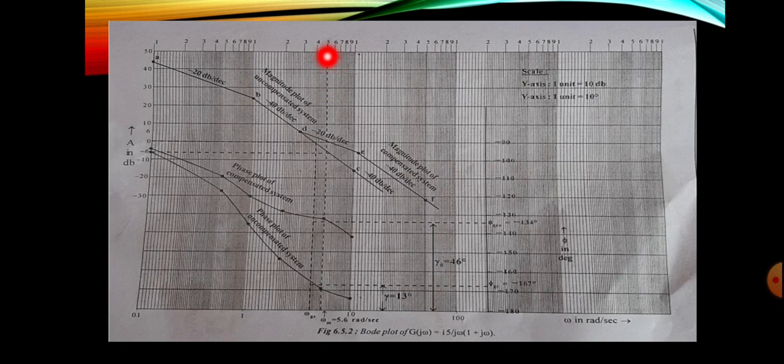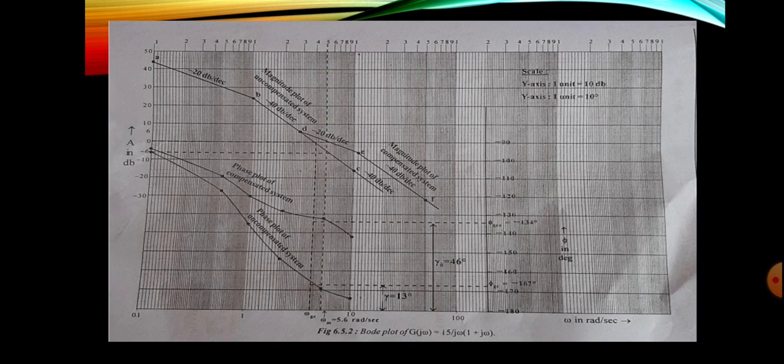This is 5 or above 5. So that value is approximately 5.6. You cannot say that it is exactly 5, because it may be somewhat greater than 5. So you can say 5.6.